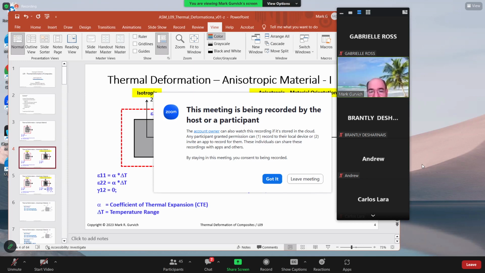So again, epsilon sub 1 and epsilon sub 2 are not equal to each other, but also with respect to angle, we would not expect any shear. Why? Because we still consider material orientation as directions for expansion. So 1 and 2 are both material orientations, and those are orientations for consideration of expansion strains.